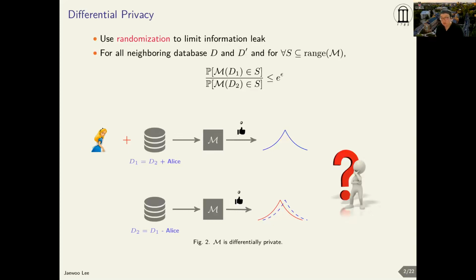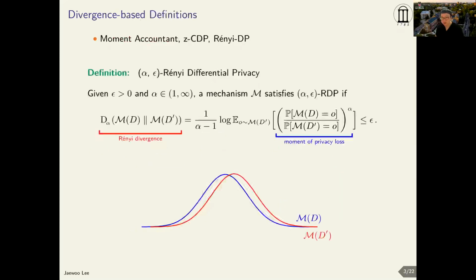Differential privacy enforces that the output distribution of the algorithm M over two neighboring datasets, D1 and D2, are indistinguishable to the adversary. Given the output of the algorithm, the adversary cannot distinguish D1 from D2, and hence the presence or absence of Alice is hidden to the adversary.